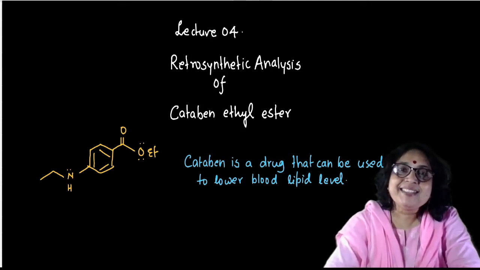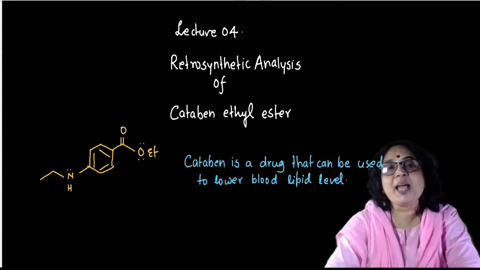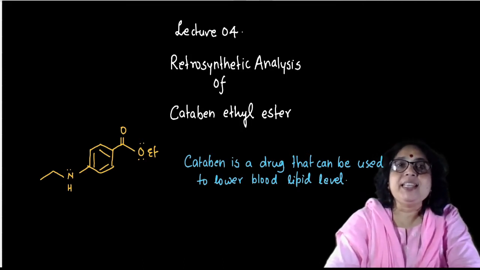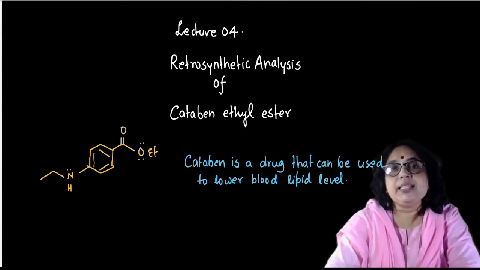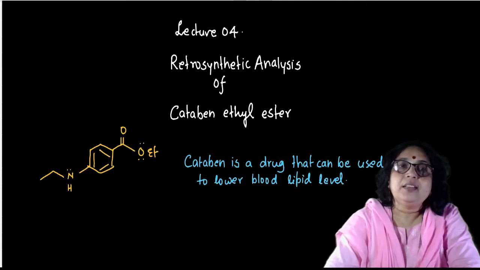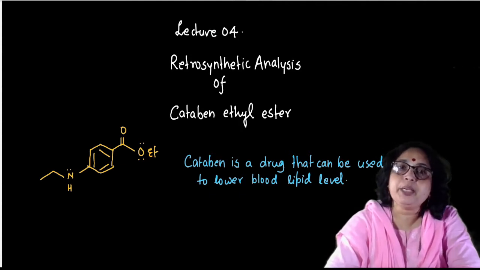Hello students, this is my fourth lecture and in this lecture I am going to explain the retrosynthetic analysis of cation ethyl ester. This cation is a drug molecule and that can be used to lower the blood lipid level.